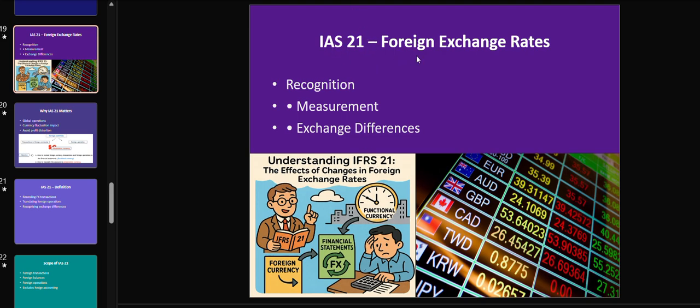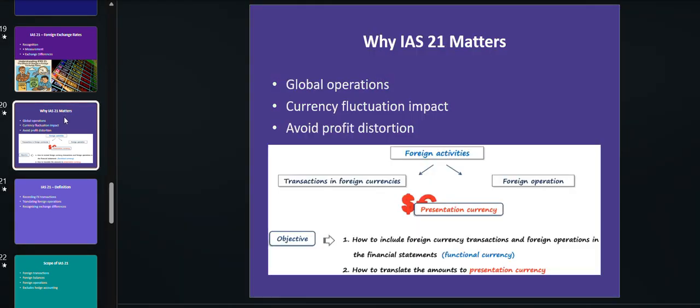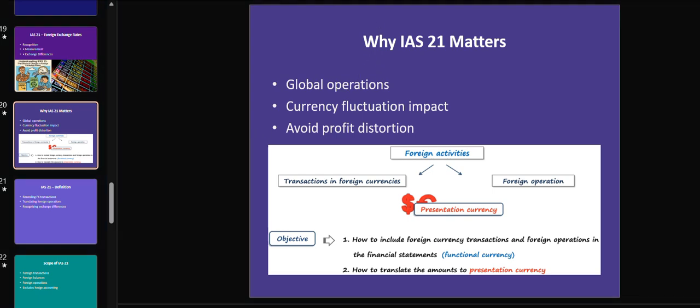Before going into much detail of IAS 21, let's see why IAS 21 matters, why it's important. As we live in a global economy, businesses might purchase in different currencies, like we buy material in dollars and sell product in rupees.